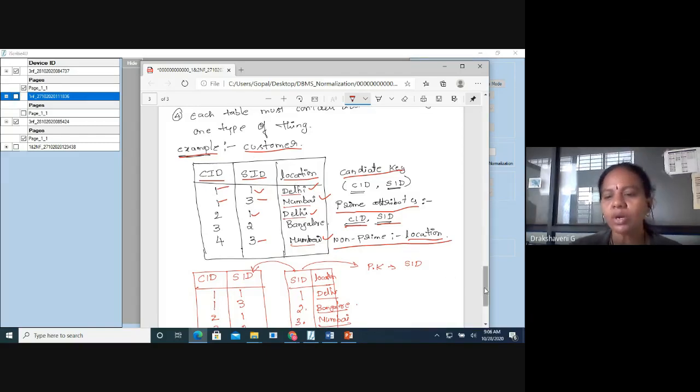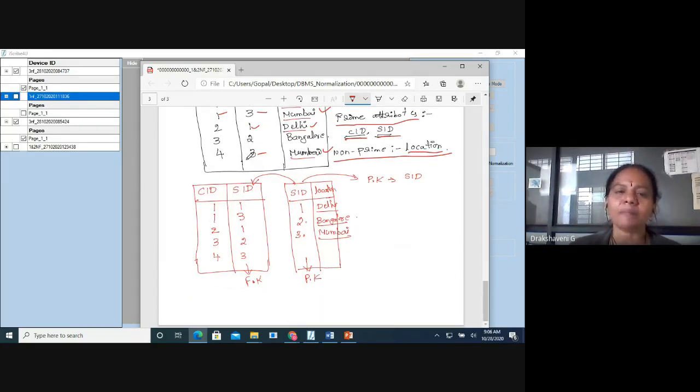So then what do we do? We decompose this table. How do we decompose? We make the first one CID, the next one SID, and write customer ID and SID in this table. Then here we write SID and location. SID is 1, 2, 3, and we write the location. We make store ID the primary key, and store ID in the other table a foreign key.